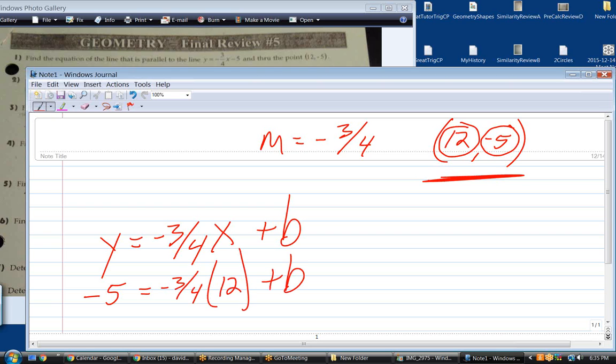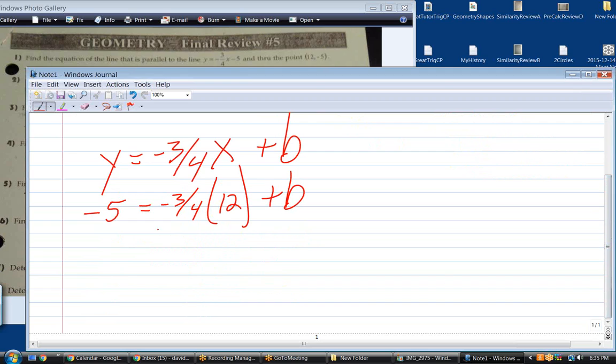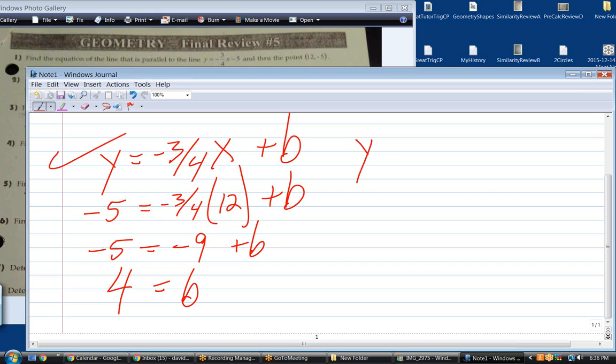And notice that now I can solve for b. Minus 5 equals minus 9 plus b, so b equals positive 4. Now I go back up into this equation, and now I know b, so I know everything I need to know.